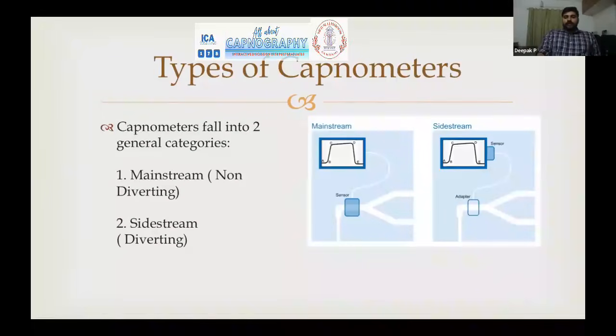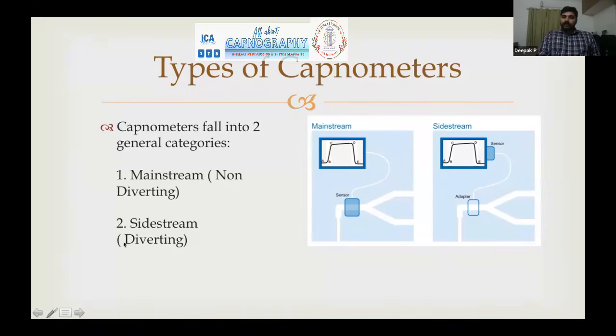So that is the physics part of it, how the carbon dioxide is detected. So for all this to happen, in the sensor part, we have to have a part of the expired gases. This is achieved by sampling, and this sampling can be mainstream or side stream. In mainstream capnography, it is a non-diverting system where the sensor is placed within the circuit.